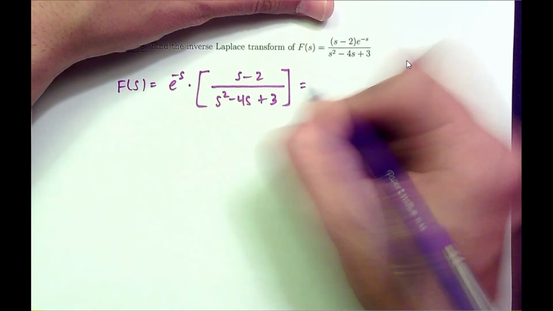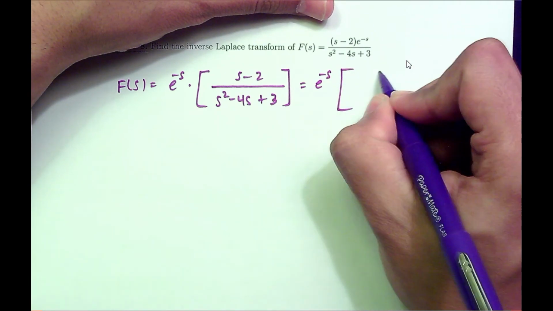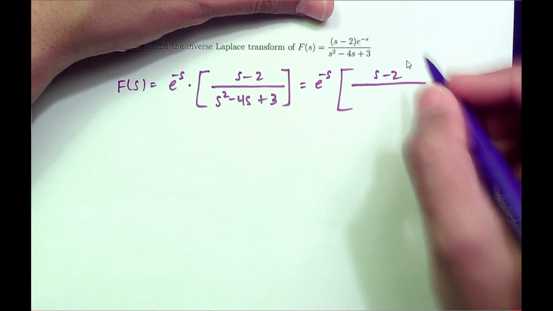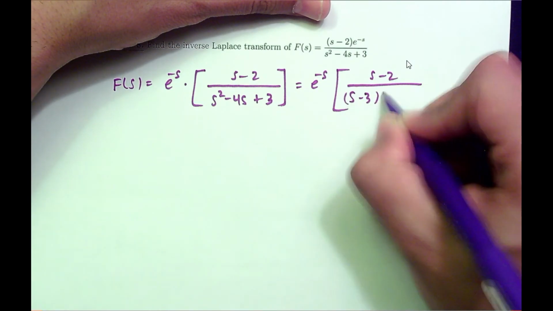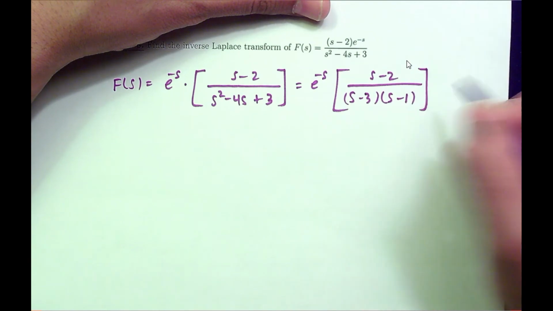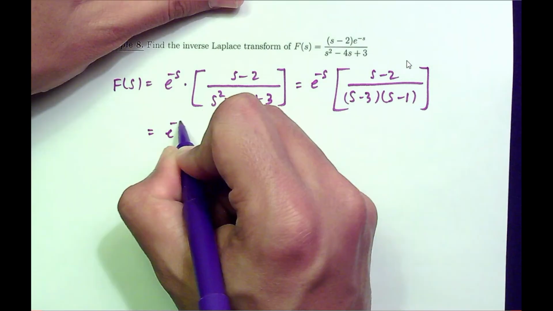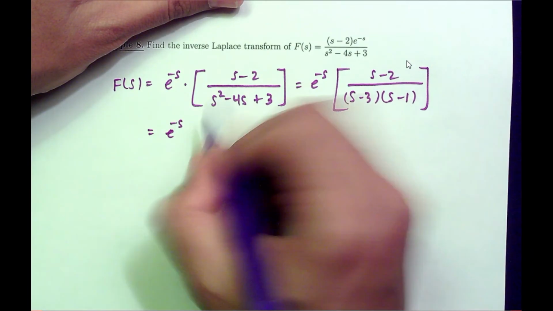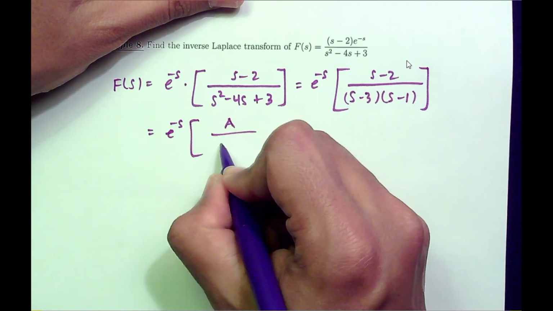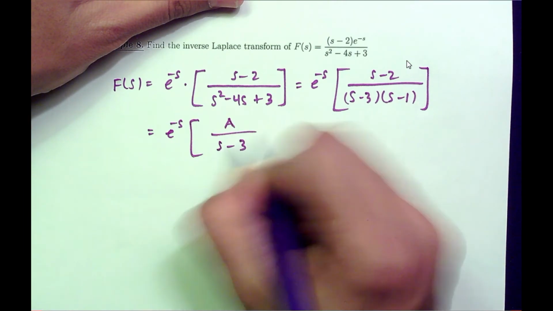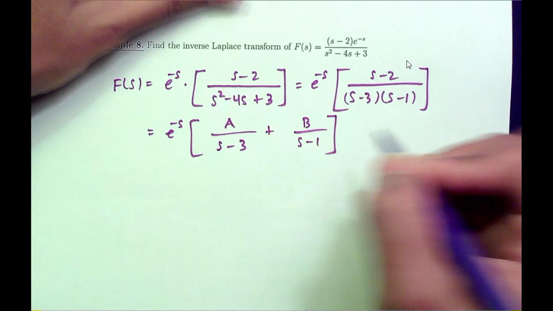So let's factor it. This is e to the negative s times s minus 2 over (s minus 3)(s minus 1). So that's how that factors. So that means if you use partial fractions, this can be decomposed into two fractions, A over s minus 3 plus B over s minus 1.